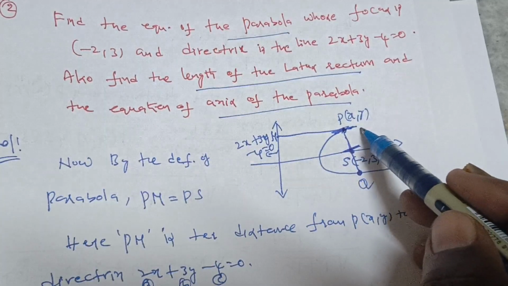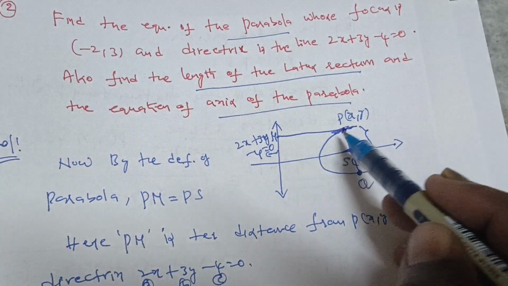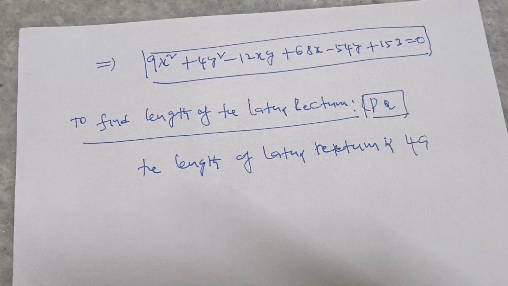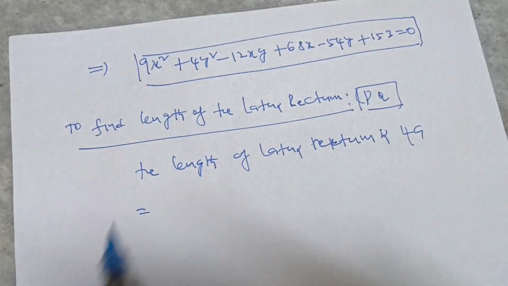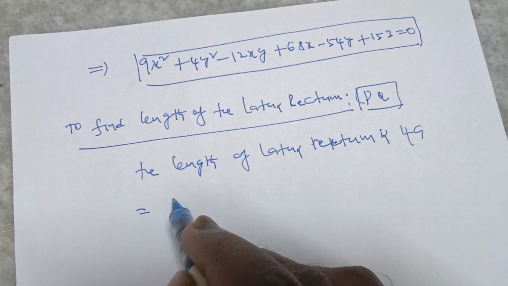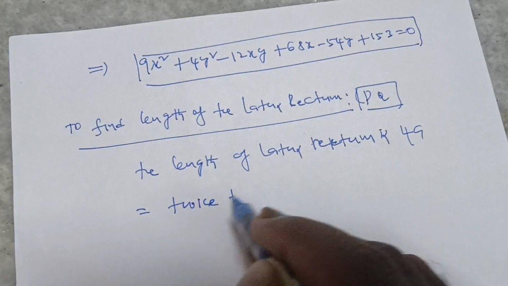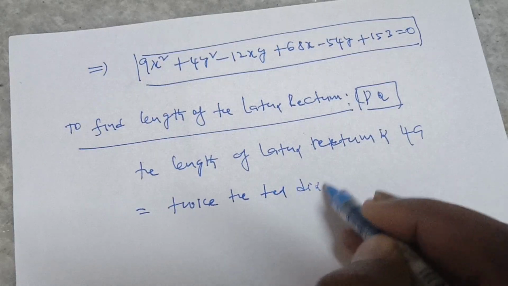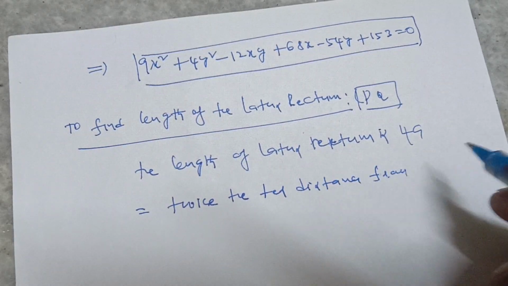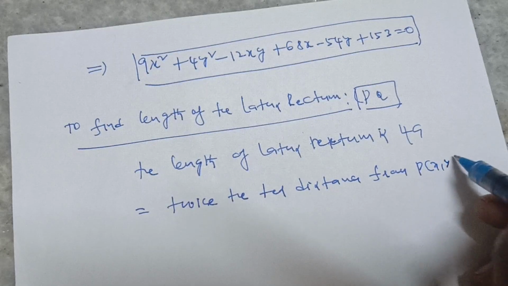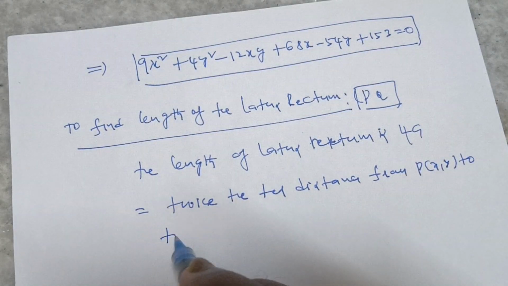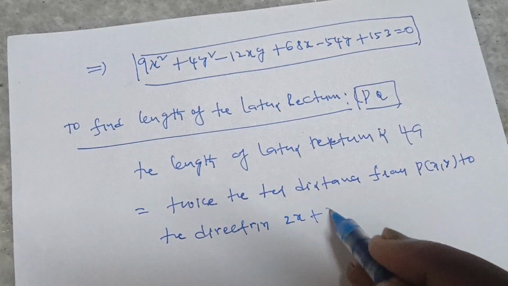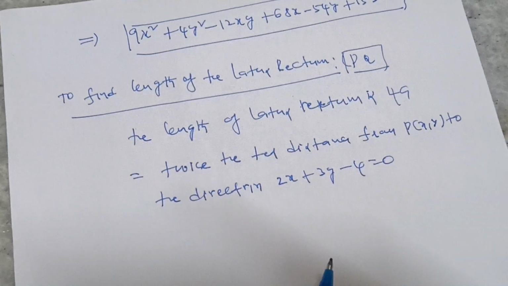So the length of the latus rectum is twice the perpendicular distance from P to M. It is also equal to twice the perpendicular distance from P(x, y) to the directrix 2x plus 3y minus 4 equals 0.